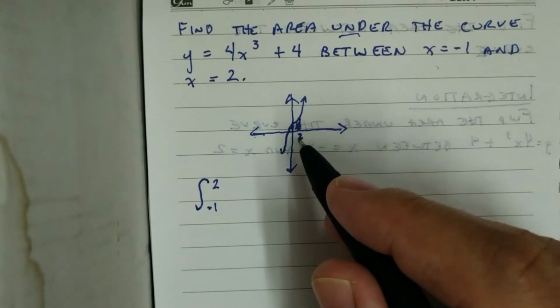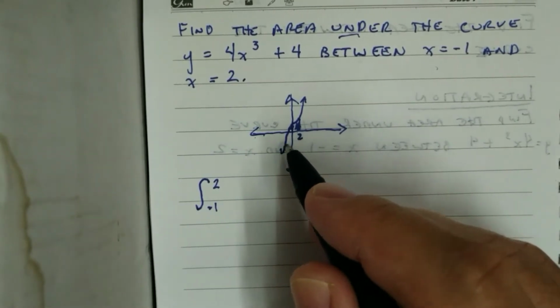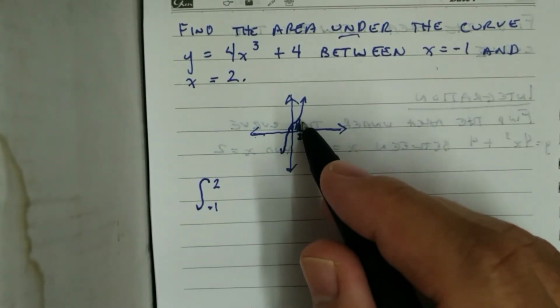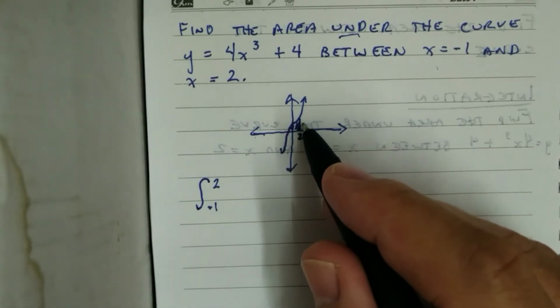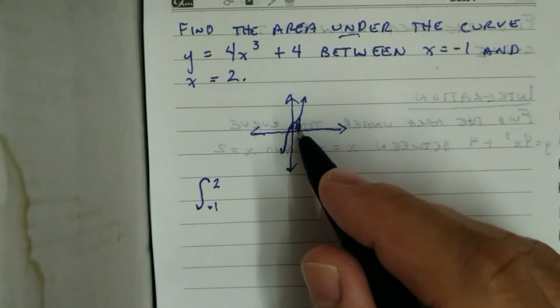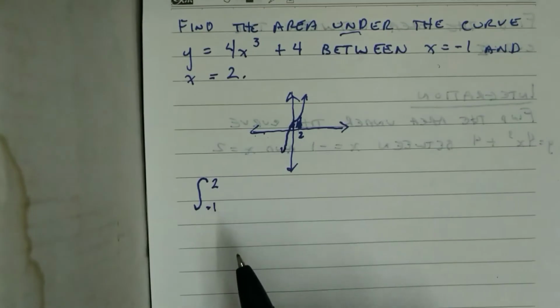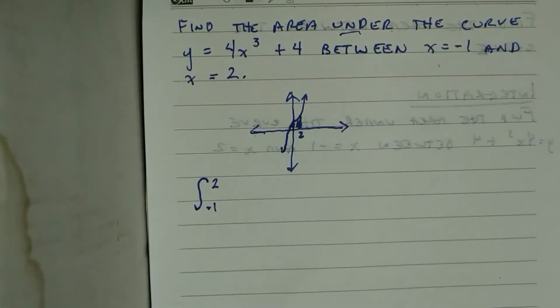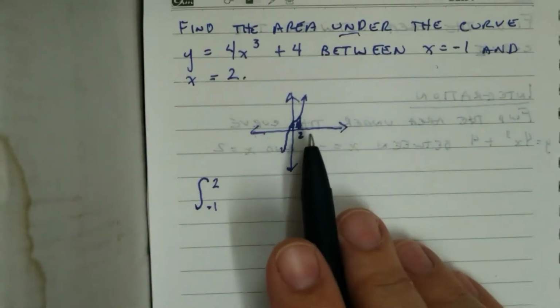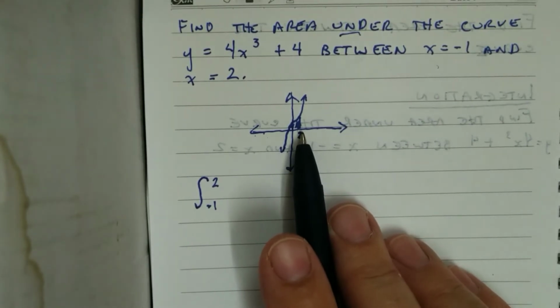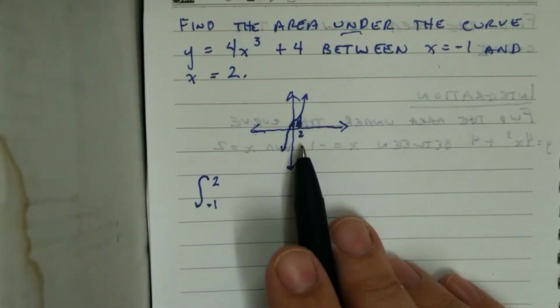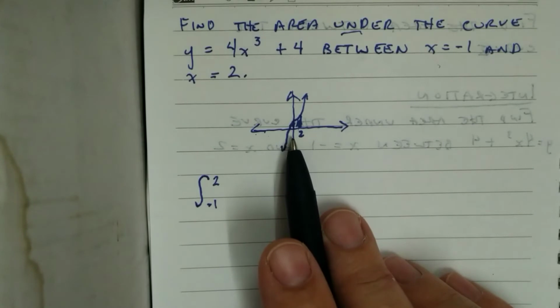We're looking between these two values on the x-axis. And everything in between that's covered on the y-axis. So we're trying to find the area of this region. And what we're going to do is we're going to subtract the integral of 2 from the integral of -1.